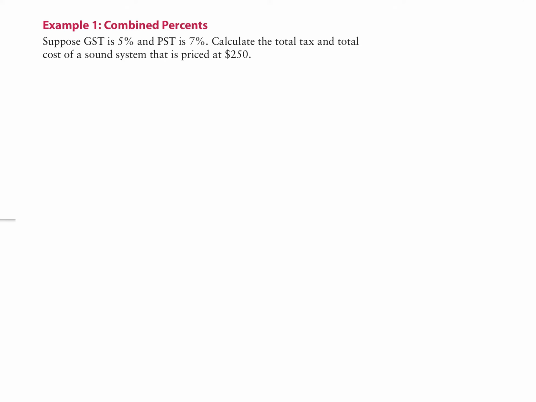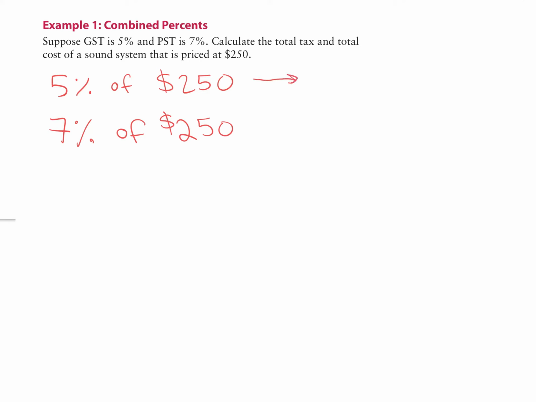So the first method, we look at the GST and the PST and we calculate them separately. We find 5% of $250, and then we find 7% of $250.